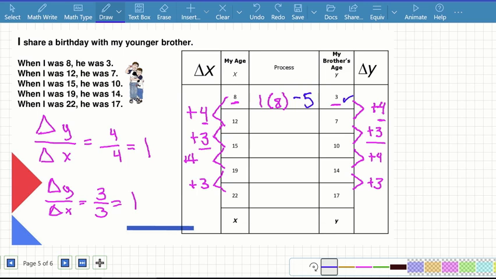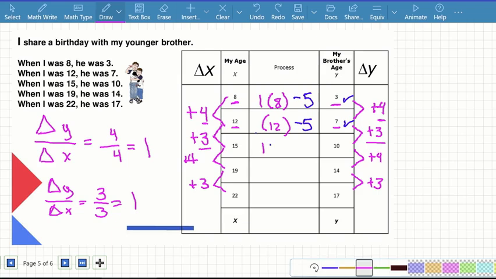I'm going to enter my rate of change again, which is 1, times my x value, and then I'm going to bring in the minus 5, because that is the pattern I'm hoping to see. So when I multiply 1 times 12, that equals 12, minus 5 equals 7. As it happens, this 1 doesn't actually change the 12, so we don't need it in there, and I'm going to drop it.